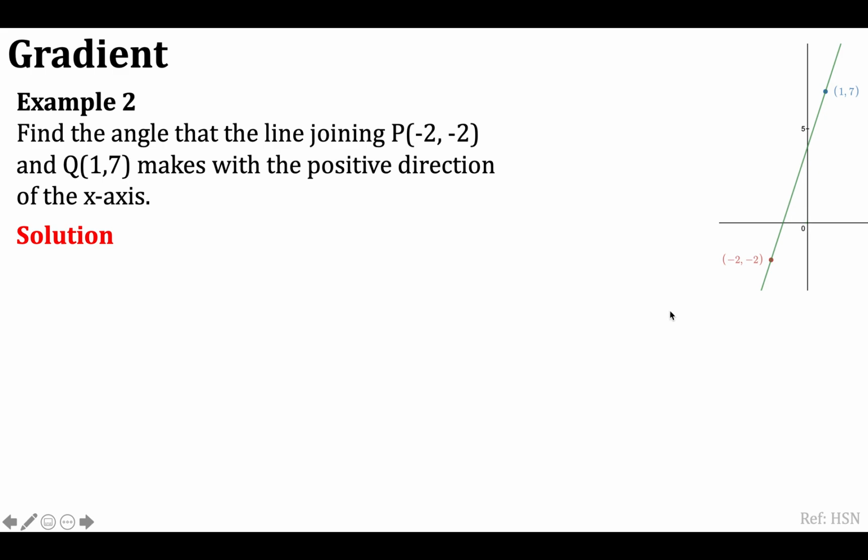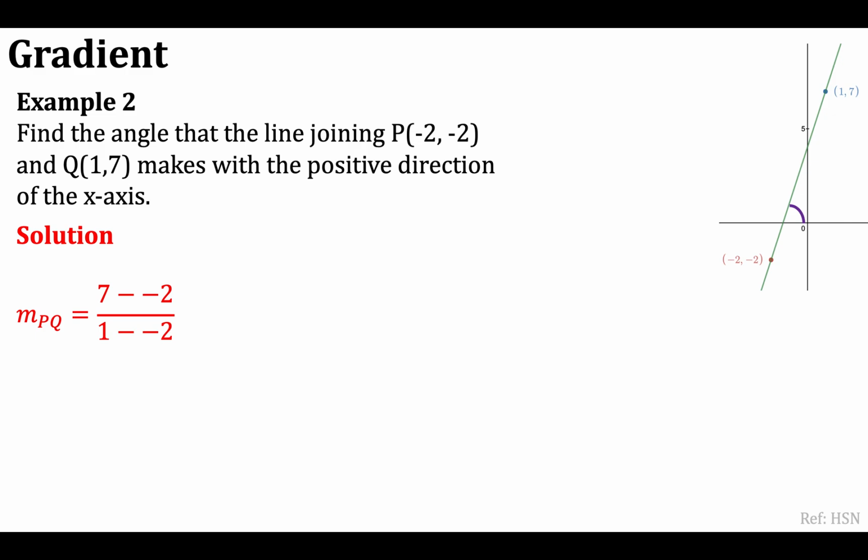Now, firstly, could I find the gradient of that given line? And the answer would be yes. So the gradient of PQ, and remember I said it's really important that you always in higher, you always label what your gradient is. So your gradient PQ is 7 minus -2 over the x ordinates 1 minus -2.